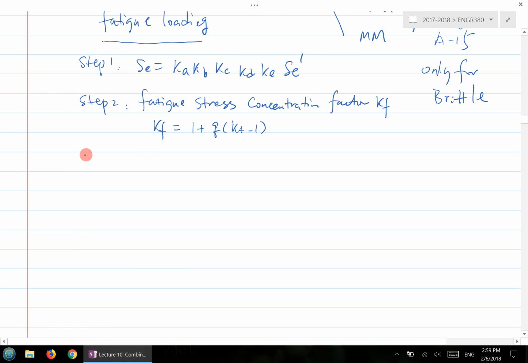Once you get this, you calculate the safety factor with Kf times sigma a, and you get your safety factor.